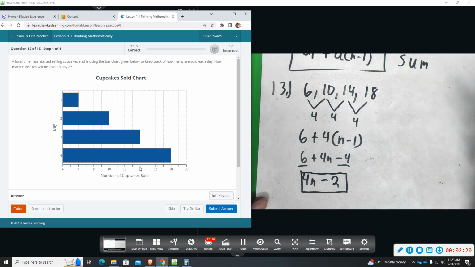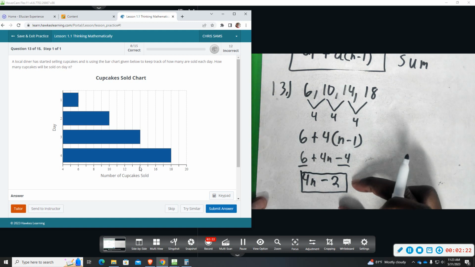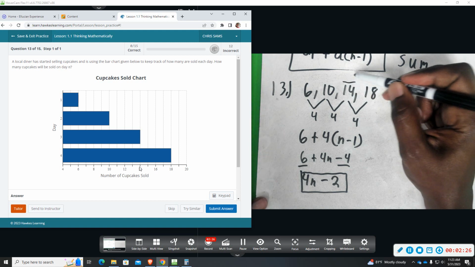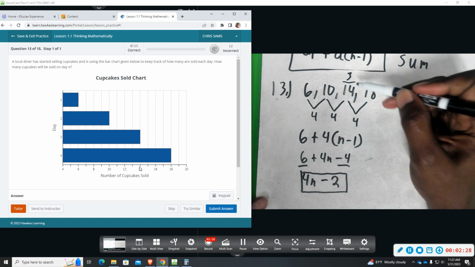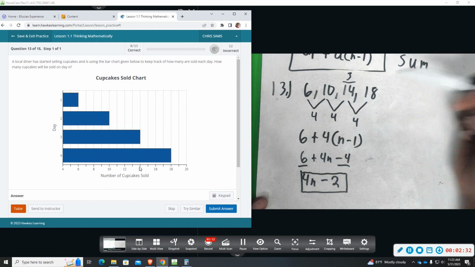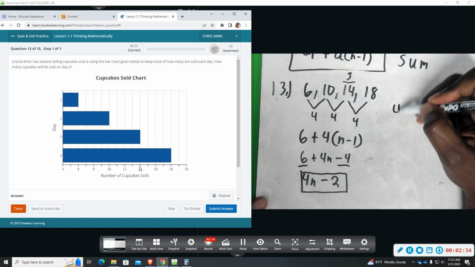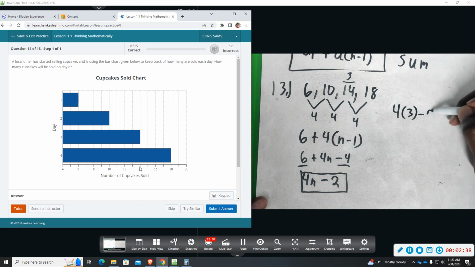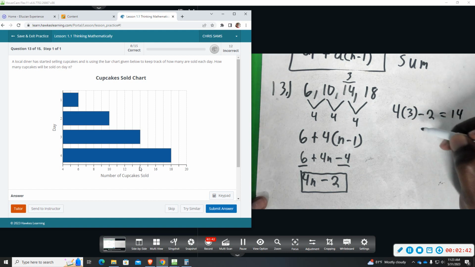Okay, so this is a formula. Now let's check it to make sure it works. Let's say I want to see if it works on day 3. So I'm going to plug in n equals 3, and I want to see, does that give me 14? So I'm going to take this 4 times 3, plus 2, and see, do I get 14?